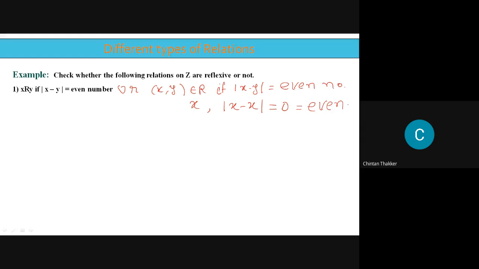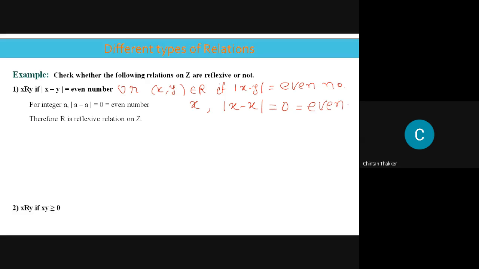So for all integers x, |x − x| is an even number. That means x is related to x. So therefore, here R is a reflexive relation.